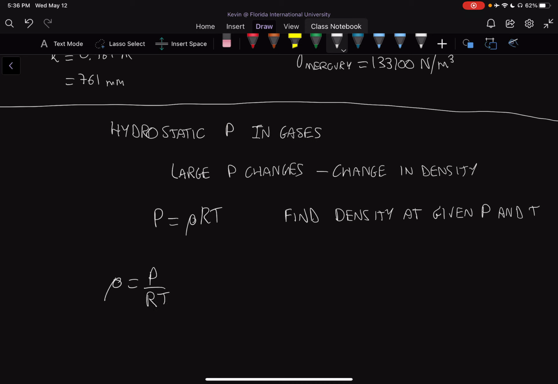Now, if we go back to our gravity equation in its simplest form, we had dP dz is equal to minus rho g, okay, if we remember that. And so now what we can do is, since we came up with an equation for rho using the ideal gas equation, we can substitute the ideal gas equivalent.